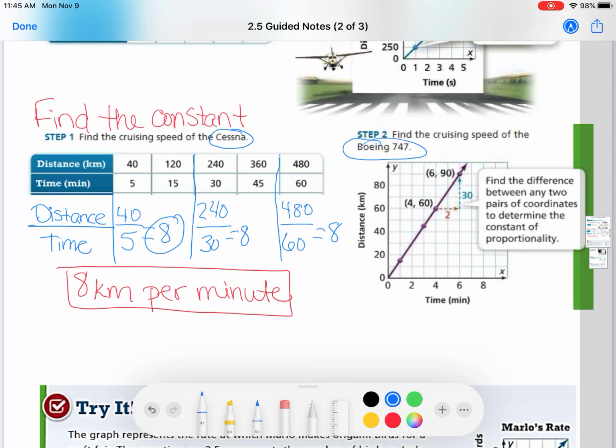In other words, you can just think of it as the constant, the thing that's staying consistent. They already have some of this done for you. Notice that on our graph, the 2 points they picked out are 4,60 and 6,90.